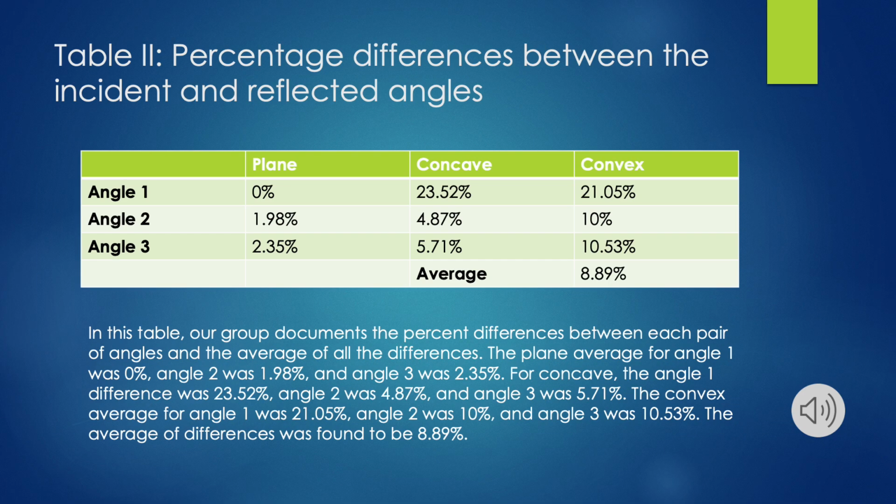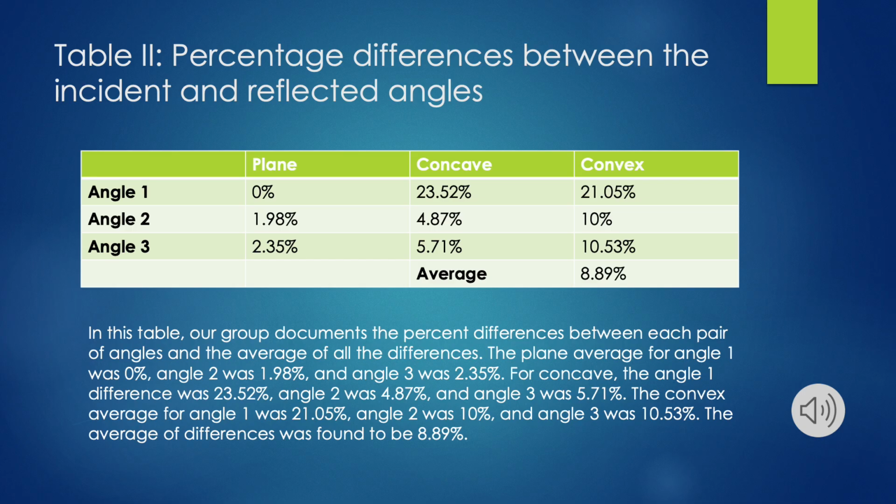Table 2. Percent differences between the incident and reflected angles. In this table, our group documents the percent differences between each pair of angles and the average of all the differences. The plane average for angle 1 was 0%, angle 2 was 1.98%, and angle 3 was 2.35%.